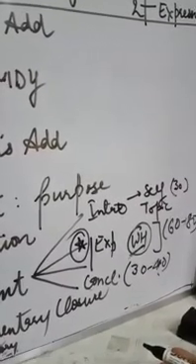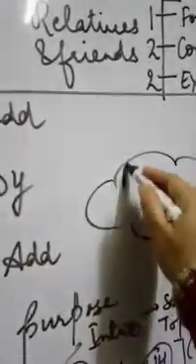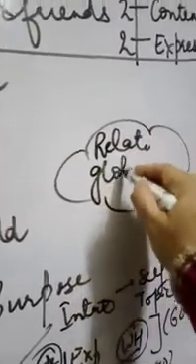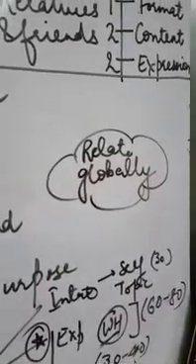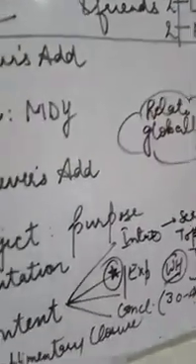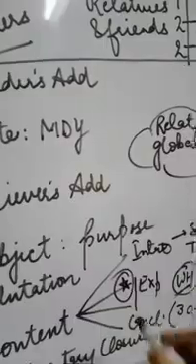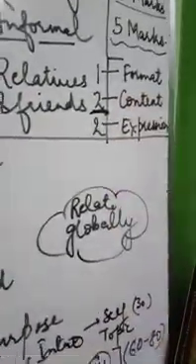We need to mention that, and most important, you need to relate your content globally. This is what the examiner looks for. If you fulfill all these requisites, you get the complete 2 marks.